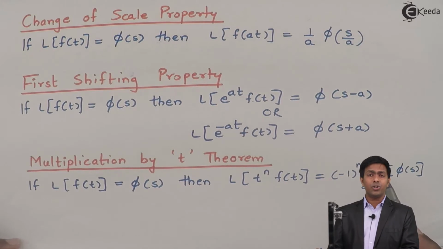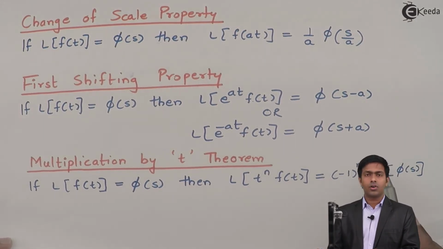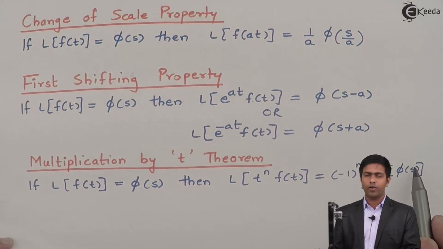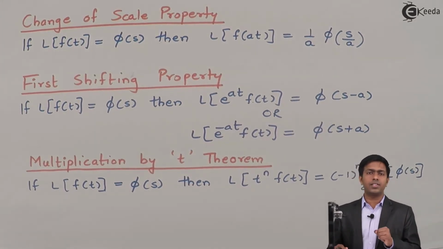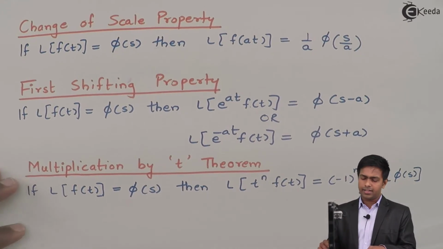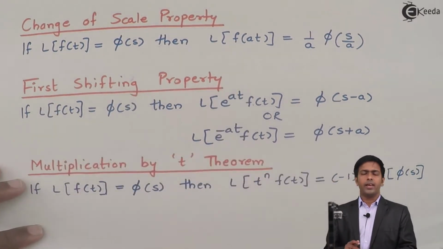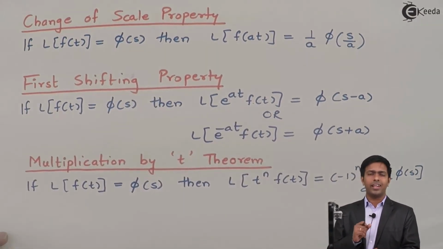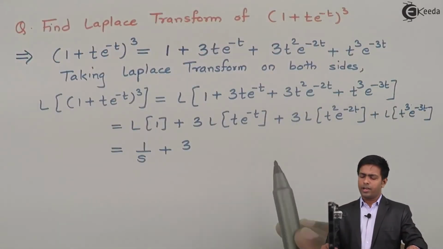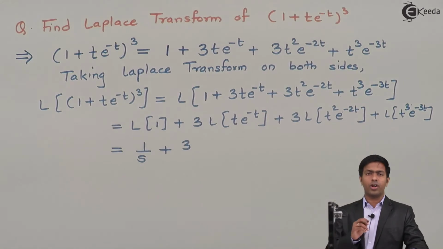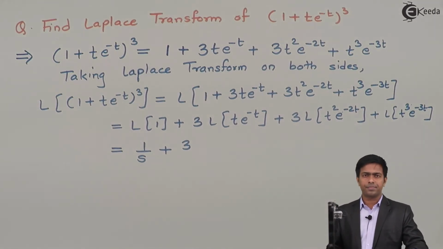It means I need to find out the third order derivative of phi of s. So to get the 3 derivatives is a time consuming process, and hence this first shifting property is simple and you can get the answer in the minimum number of steps. So therefore, in all three problems, we are going to use the first shifting property.